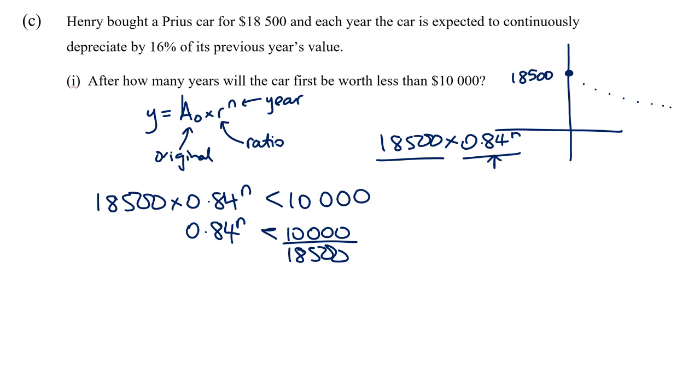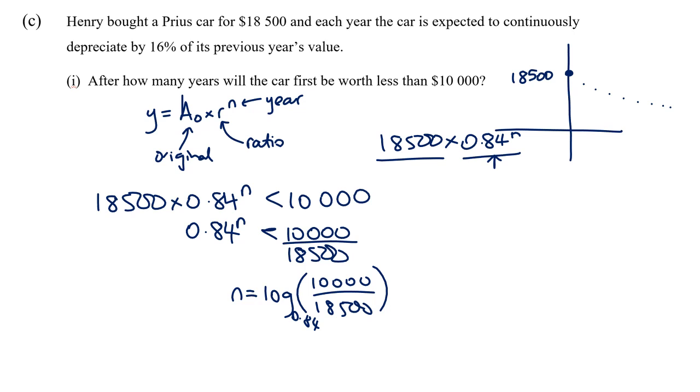And then using that log formula, you're going to get n is equal to the log of whatever that number there is, with a base of 0.84. Sorry, I haven't written that very well. With a base of 0.84. Okay.